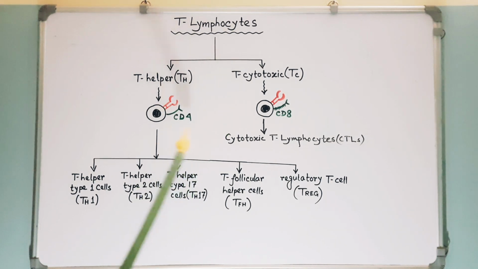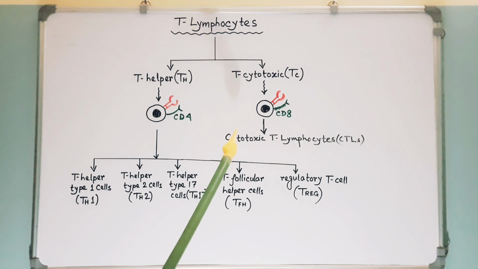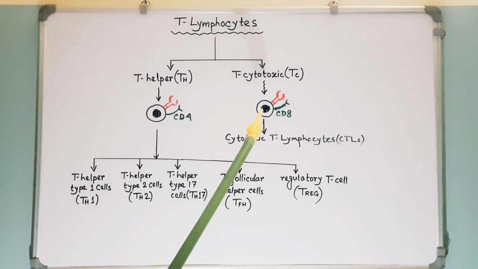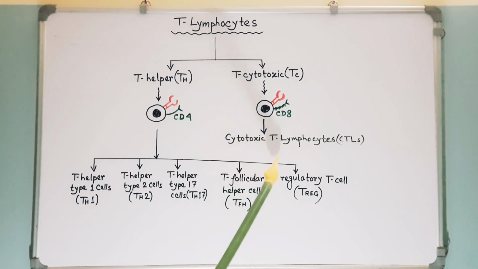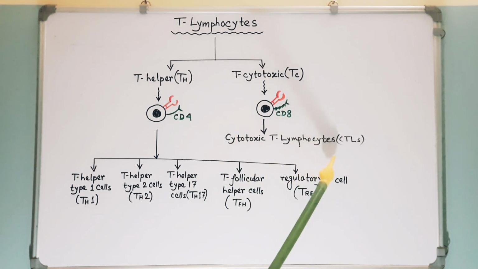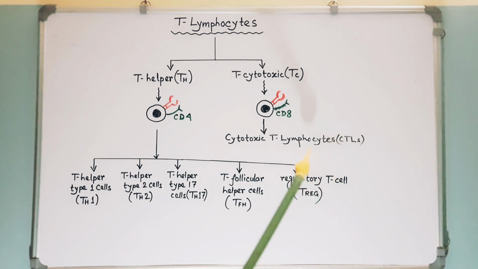Now, these two major cell types can be differentiated into some other subsets when activated. T cytotoxic or Tc cells differentiate into effector cells called cytotoxic T lymphocytes or CTLs.